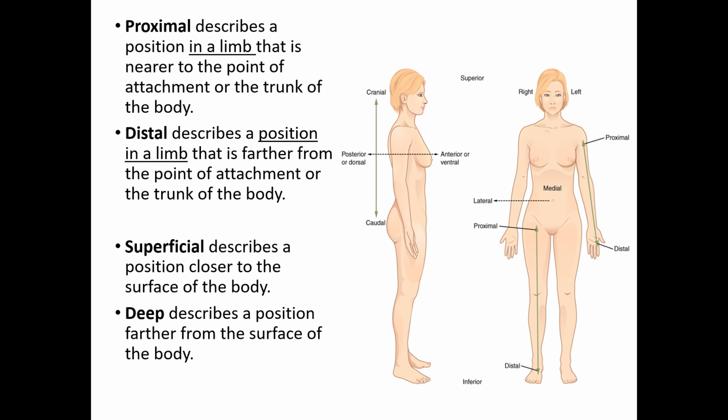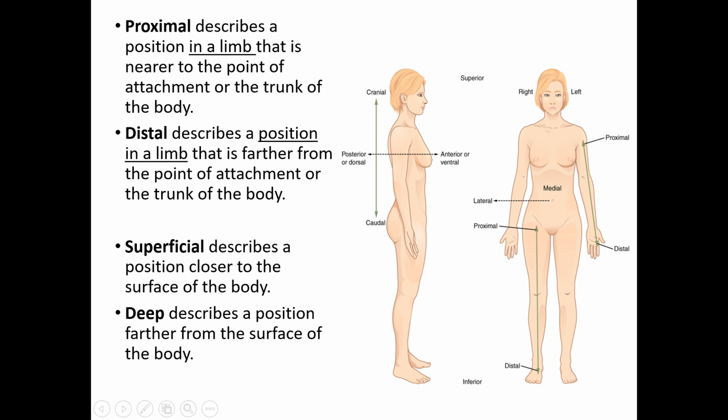One more pair of the directional terms is really easy, superficial and deep. It's all related to the skin. If something is closer to the skin, it's superficial. If it's deeper inside of the body cavities, it will be deep. If we compare the skin right here with the heart, skin will be superficial and the heart will be deep, compared to the skin.